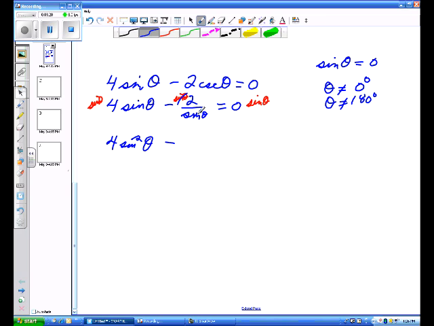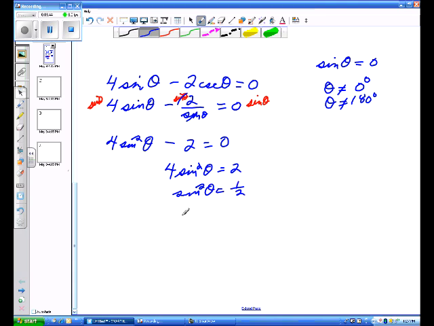Here my sines cancel, so minus 2, 0 times sine theta is 0. And now I have an equation with just one function, so I can solve it. I'll add 2 to both sides. Divide both sides by 4. So that would be 1/2.